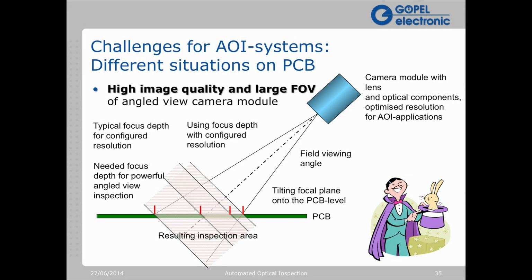The way GOEPEL handles this situation is we start with the optimized focal depth, but through a little bit of optical magic, we actually angle the focal plane to be parallel to the board itself. By doing this, we're able to maintain the same high image quality and focal depth, but increase our field of view significantly through this angling of the actual focal plane itself.